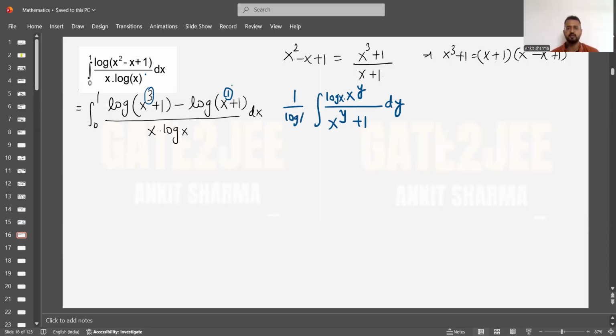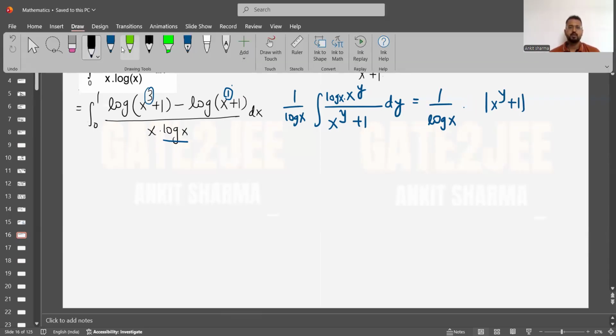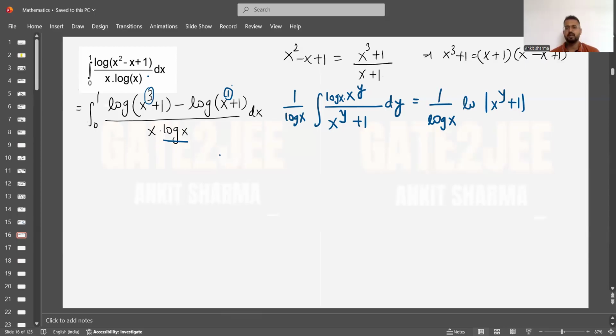And that I also have here. So this part turns out to be 1 over log x, and then integration of this would be simply ln of x power y plus 1. It's better to use log only because the entire integration is in log, so I could write log of x power y plus 1.